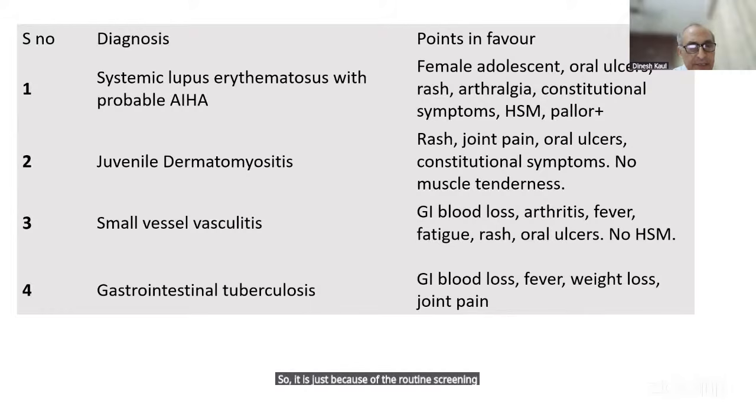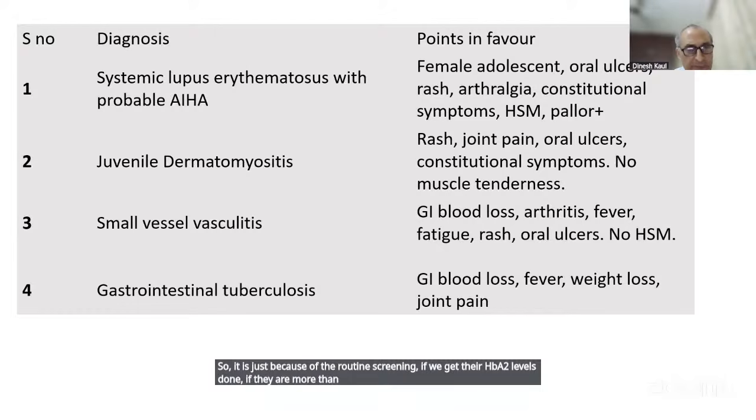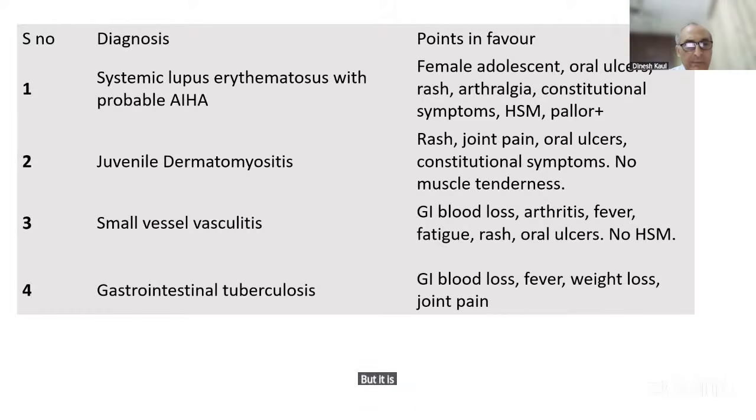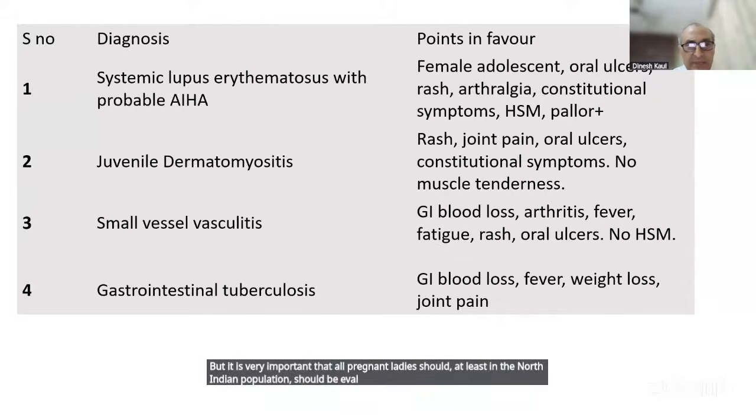If we get their HbA2 levels done and they are more than 3.5%, then we may classify such children or adults as thal minor. But it is very important that all pregnant ladies, at least in the North Indian population, should be evaluated for thalassemia as a part of the pregnancy protocol.